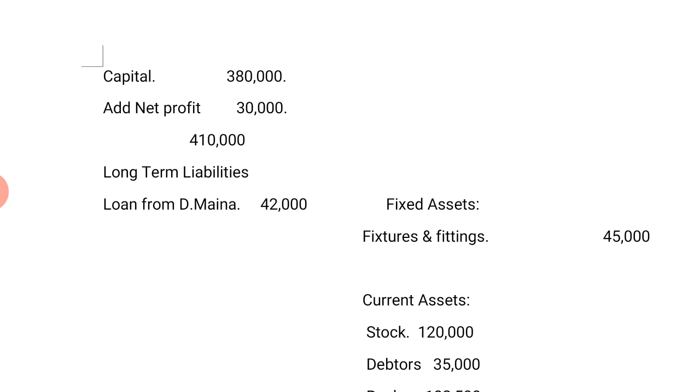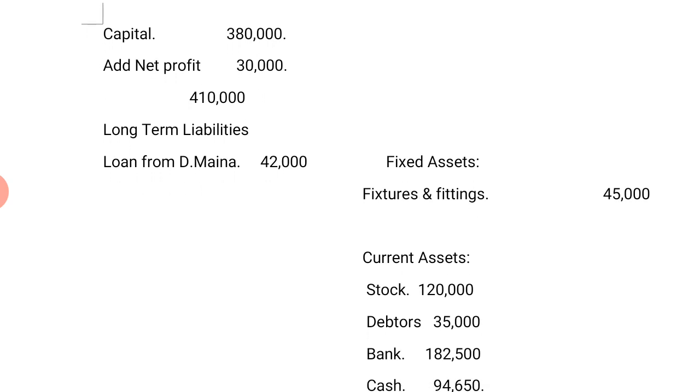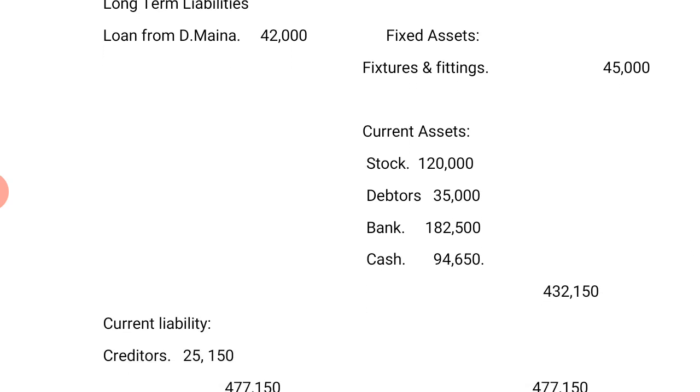So we now move to our debit side. So we've added our capital and our net profit. So it has given us 410,000 naira. So we now have long-term liability, which is loan. That's loan from D. Maina. That's 42,000 naira. Then we also have current liability. The only current liability that we have is 25,150.